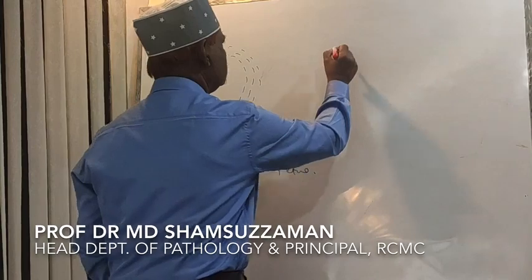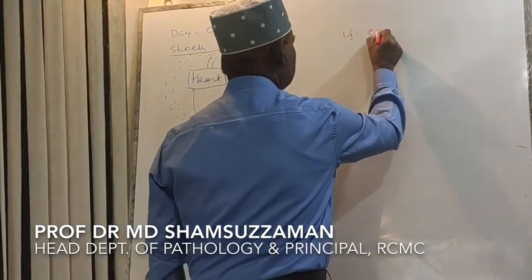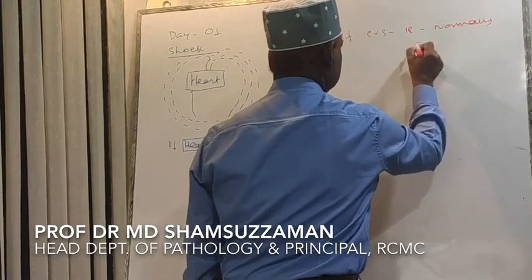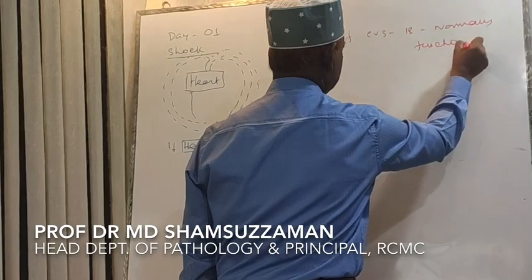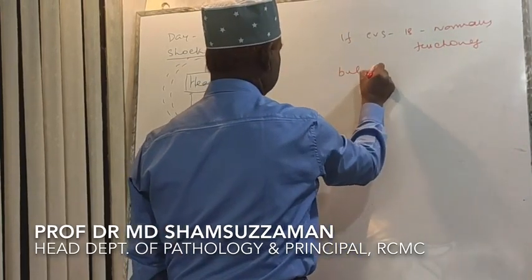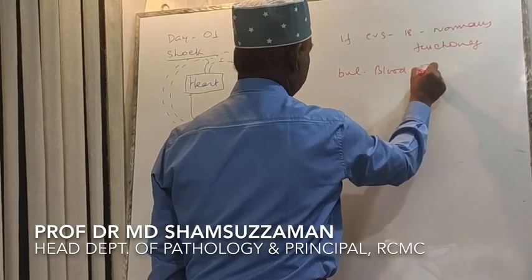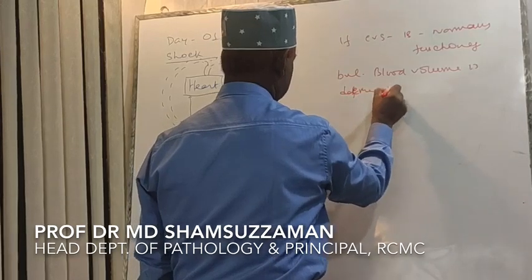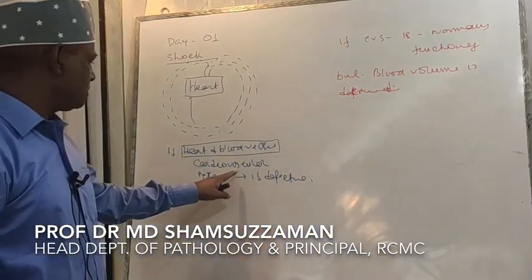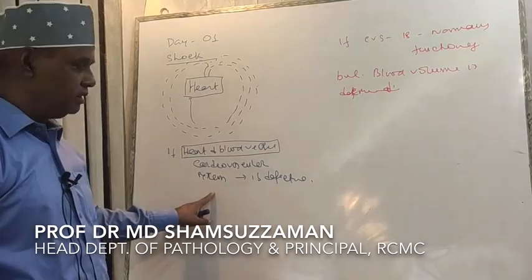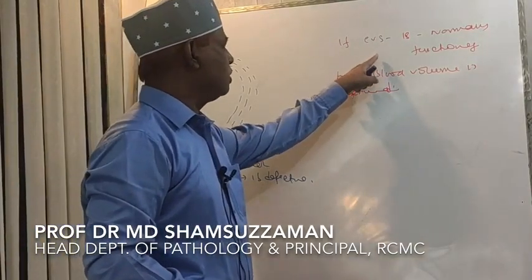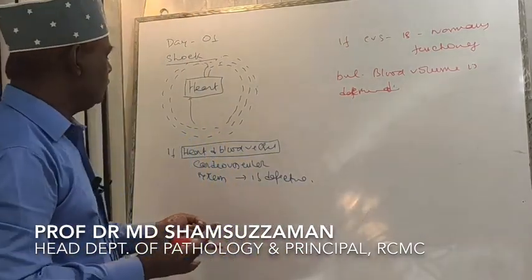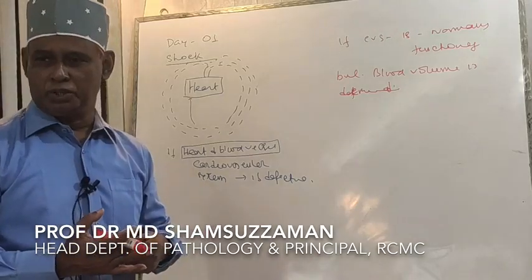Again, if the cardiovascular system is functioning normally but blood volume is decreased, what will happen? There will be hypoperfusion of the tissue.